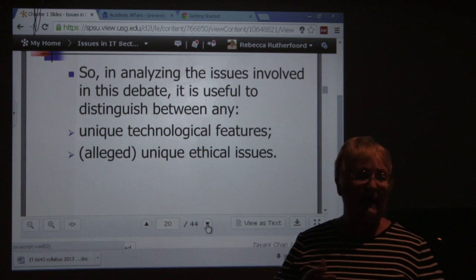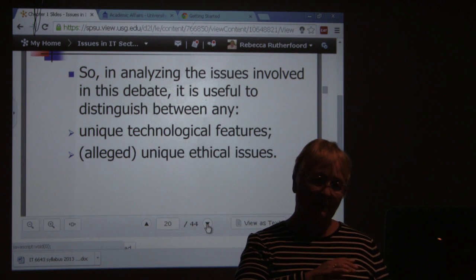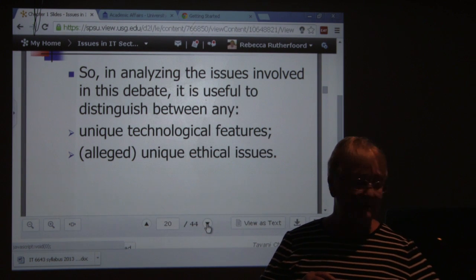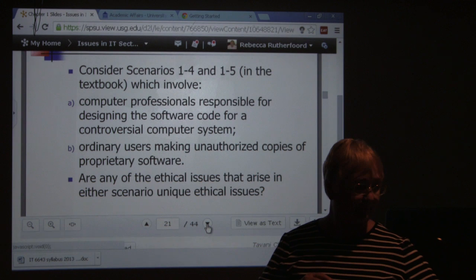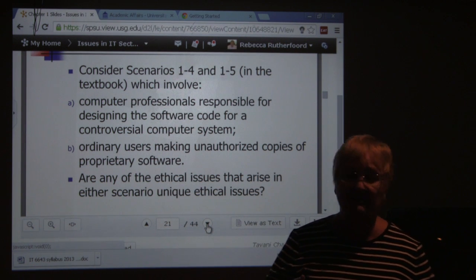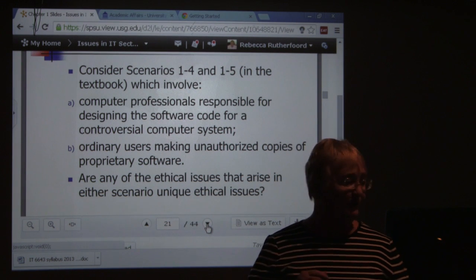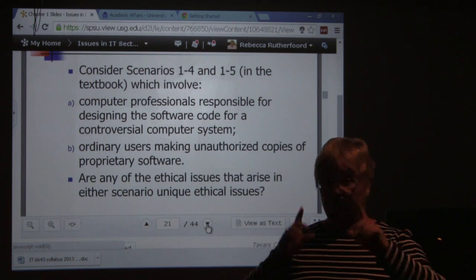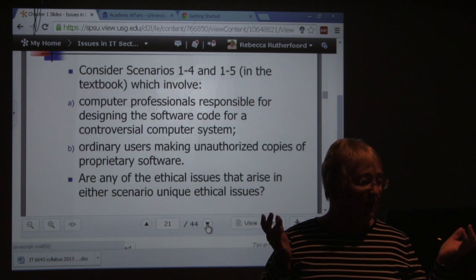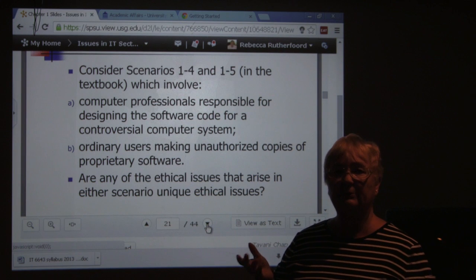So we need to look at the technology itself, and then we need to look at any unique, or at least identifying, ethical issues. For instance, there are scenarios 1-4 and 1-5. These scenarios involve, number one, a computer professional who is responsible for designing software code in a controversial computer system.